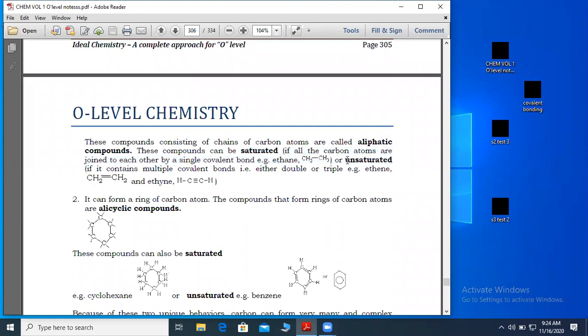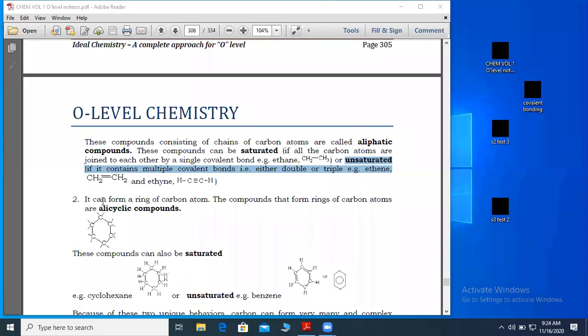Now, an unsaturated compound is the one where the carbon atoms are joined together by multiple covalent bonds. So when I say multiple covalent bonds, it means bonds which are more than one. It can be 2 bonds, it can be 3 bonds, and so on.